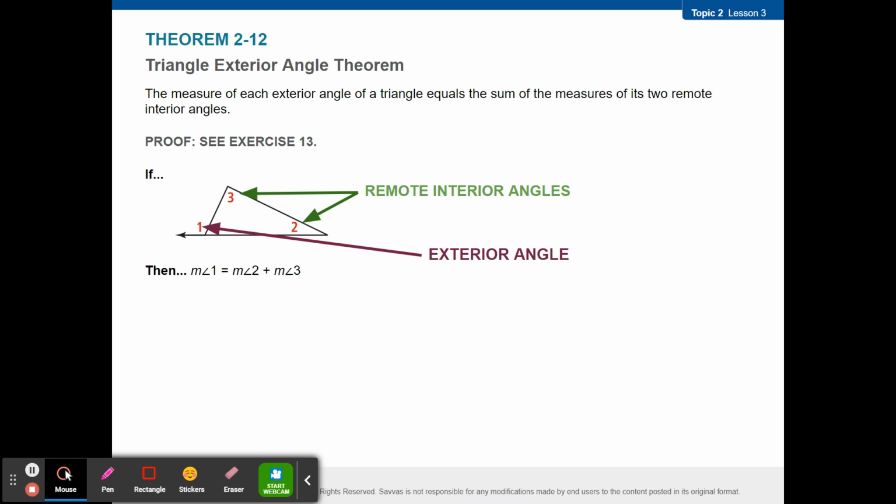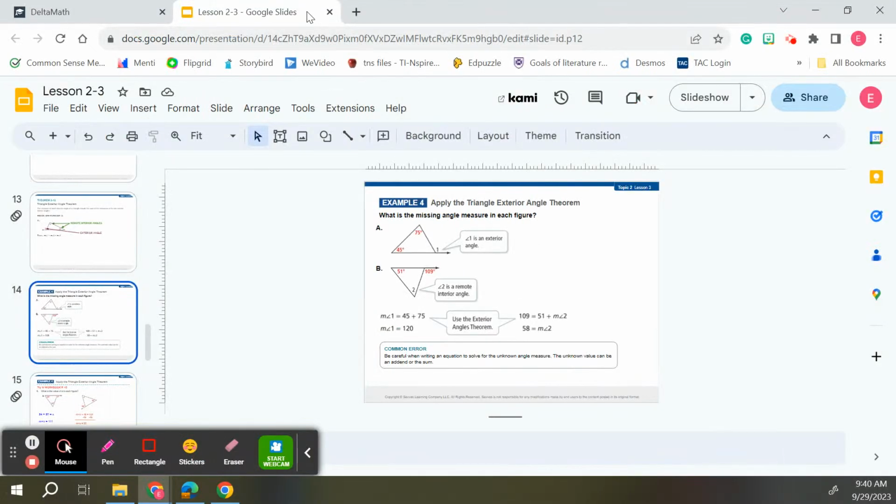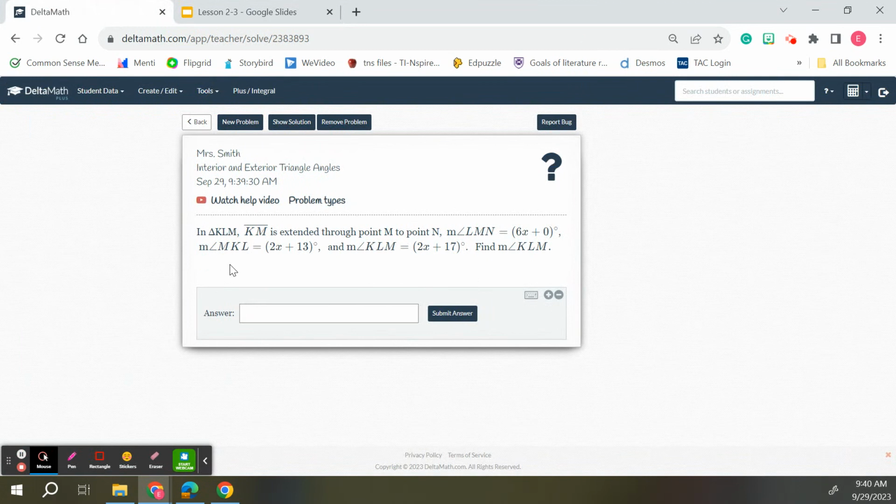So that's what we're going to do now, we're going to set this up. Looking at this, they're telling us we have triangle KLM.